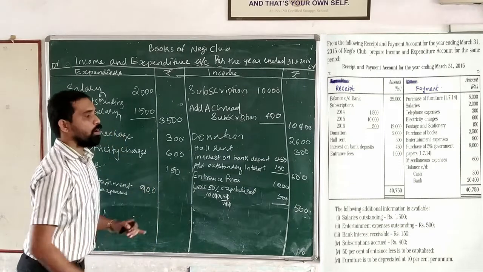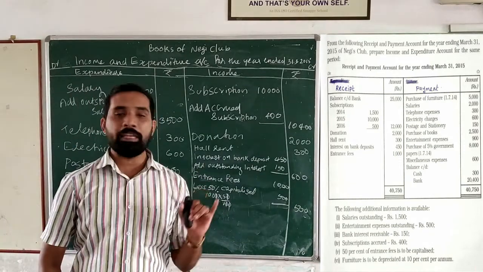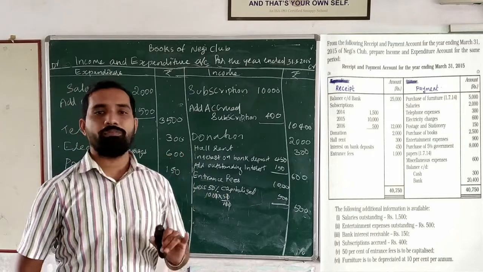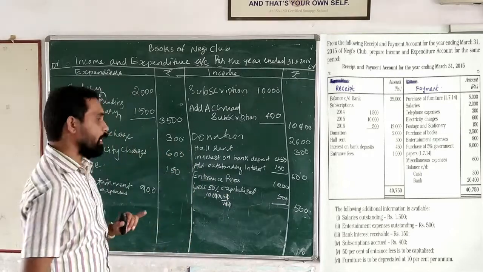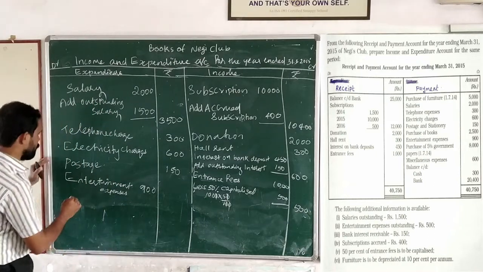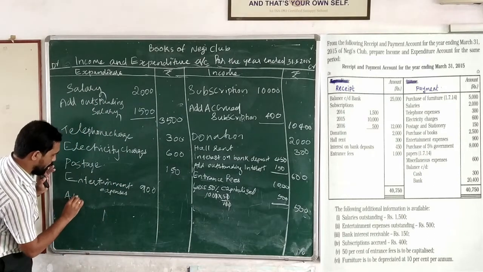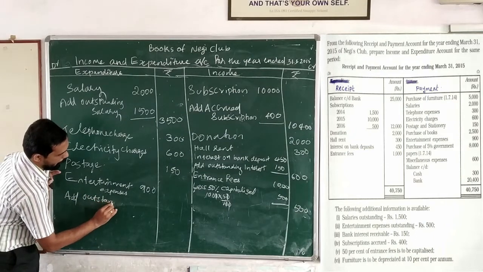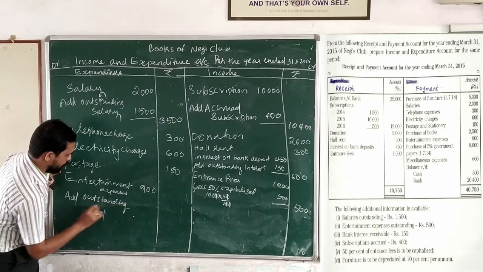And it has one adjustment. Entertainment expenses outstanding rupees 500. So we know that if it is outstanding, we can add this outstanding entertainment expenses.